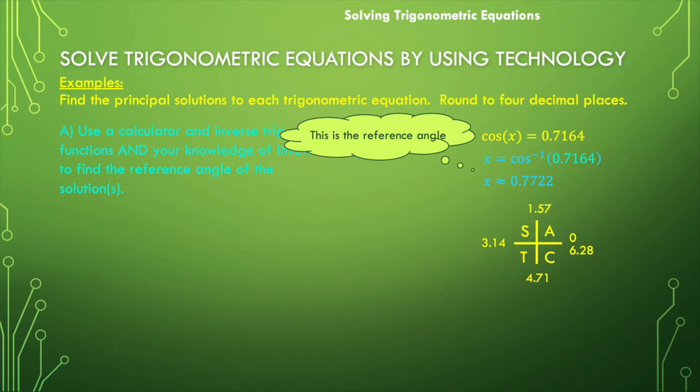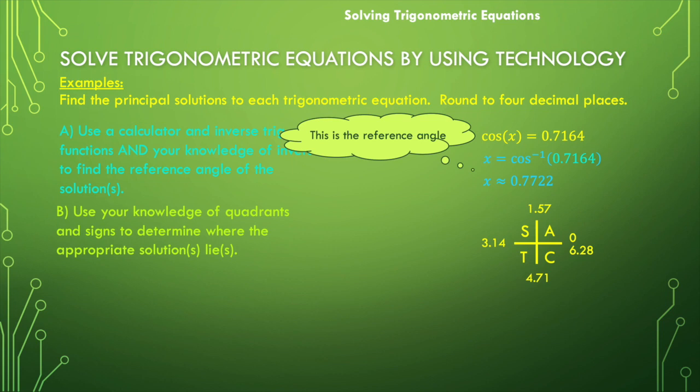So then we're thinking about where is our focus here. We are looking to find where is the cosine function positive. Okay, where's the cosine function positive? That's going to be on the right side of the axis, in quadrant 1 and quadrant 4.